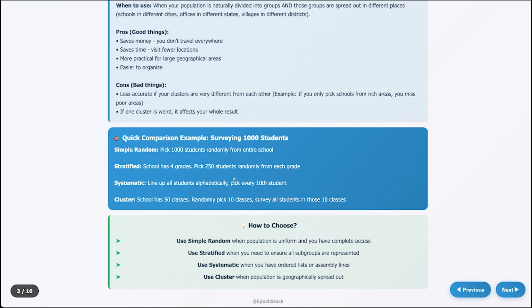Now, cluster sampling is used when you have the data spread across large geographical areas. Instead of visiting all the places, you choose the clusters in such a way that you visit only those clusters and survey every person in those clusters. That is nothing but cluster sampling.